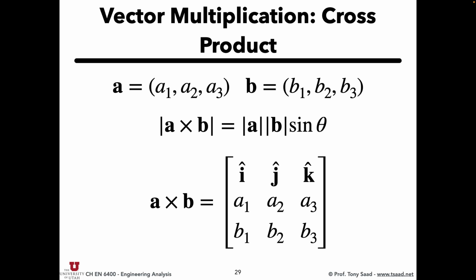Now, the cross product results in a vector, and that vector is given by the determinant of this matrix. In different coordinates, we can build this differently. We're not going to dig deeper into different coordinate systems. We'll do a couple of examples later.